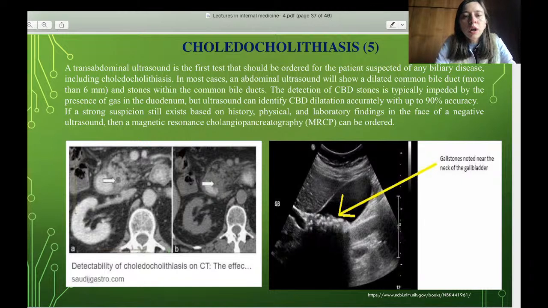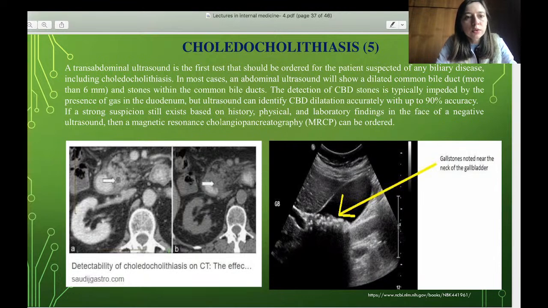The detection of common bile duct stones is typically impeded by the presence of gas in the duodenum, but ultrasound can identify common bile duct dilatation accurately with up to 90% accuracy.